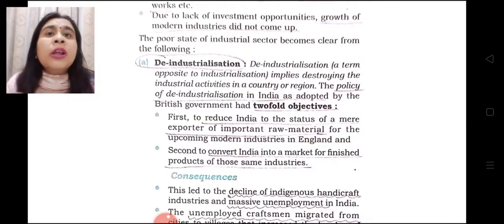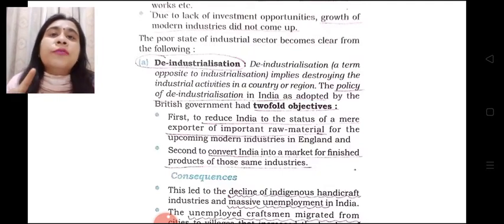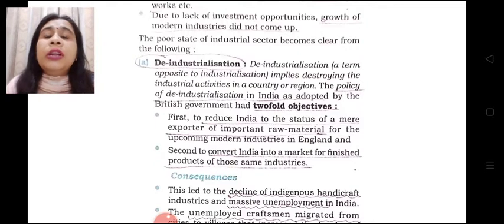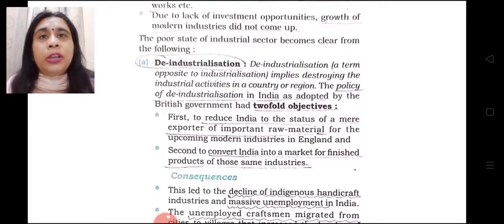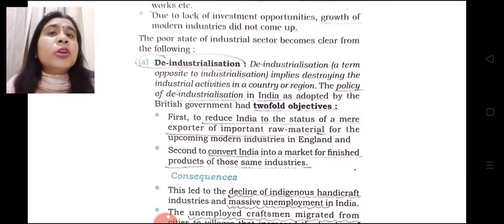So whatever our farmers cultivated through forced commercialization of agriculture, those raw products in the form of cotton, jute, silk, and indigo, they were all exported to Britain because industrialization was taking place.